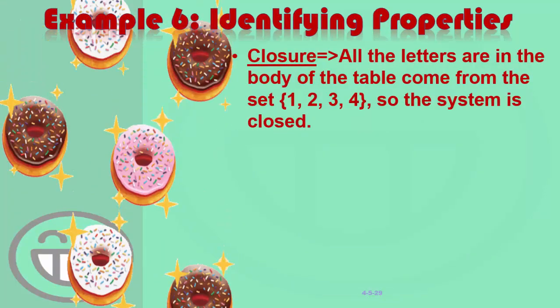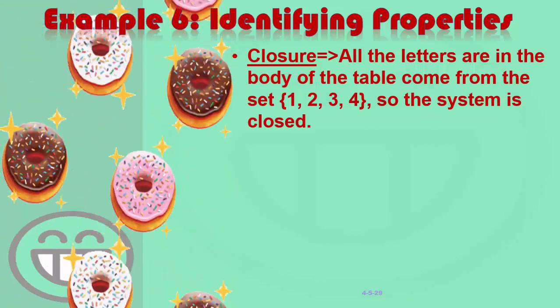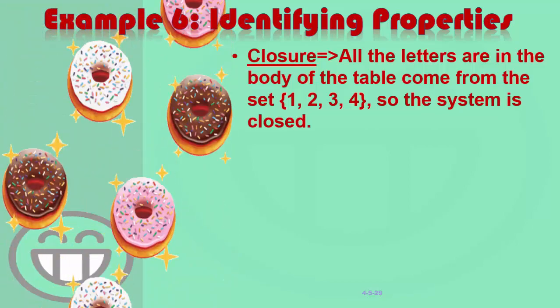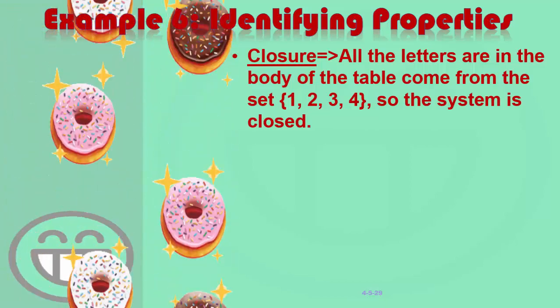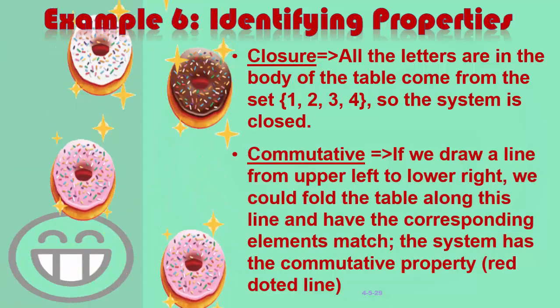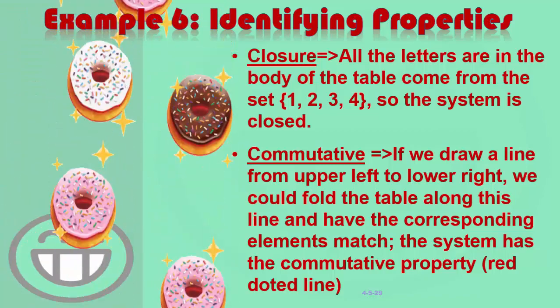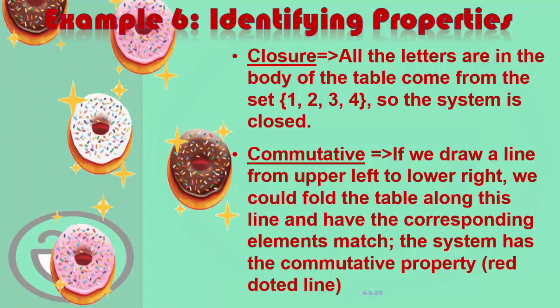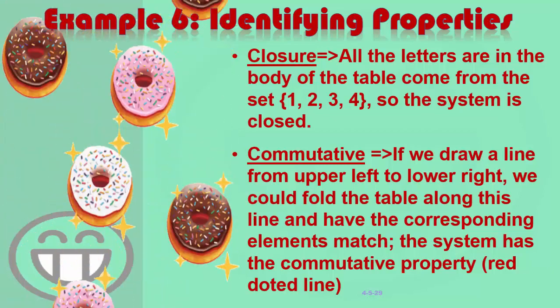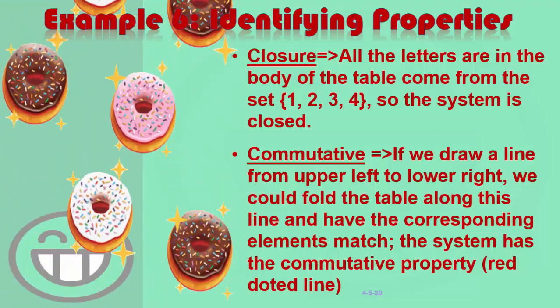So closure implies all the letters in the body of the table come from the set 1, 2, 3, 4. So the system is closed. Commutative implies if we draw a line from the upper left to the lower right, we can fold the table along this line and have the corresponding elements match.